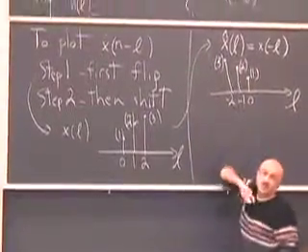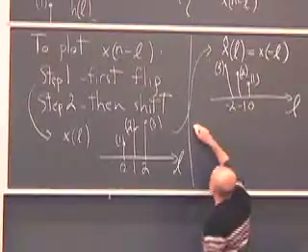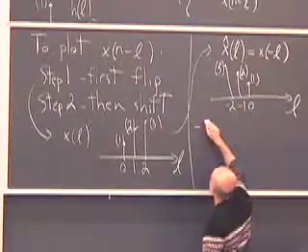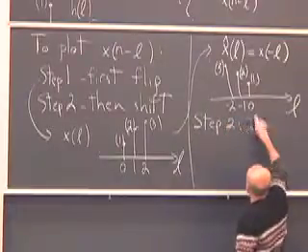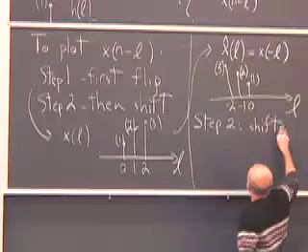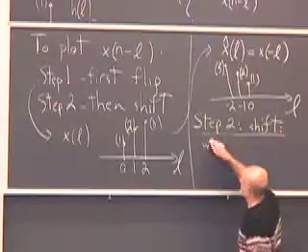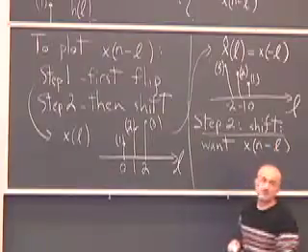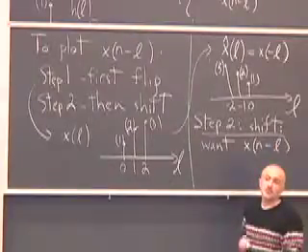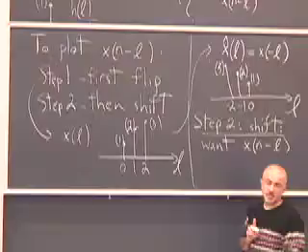Now, from this x hat of L, I want to produce, this is where the shifting comes in. This is step 2 now. So that was step 1. Step 2, shift. And what we want is x of n minus L. So here's what I'm going to ask you.